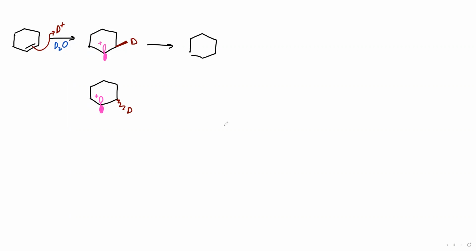Water can either add above or below. So let's say it attacks above here. That would mean that we're making this here and this here. Or water could attack from below. So above or below, right? So we did the above attack. This is the below attack.